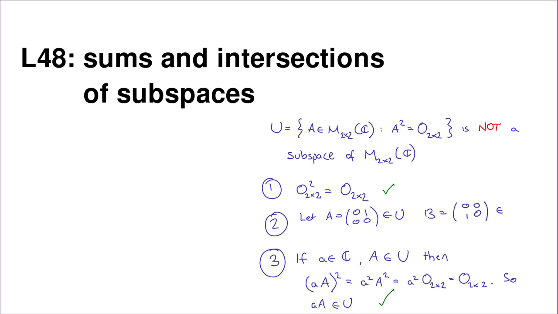Again, you can check by squaring B that it's an element of U. But if you look at A plus B, that's the matrix 0, 1, 1, 0, and that is not in U. This means that U is not closed under addition, and therefore it is not a subspace.